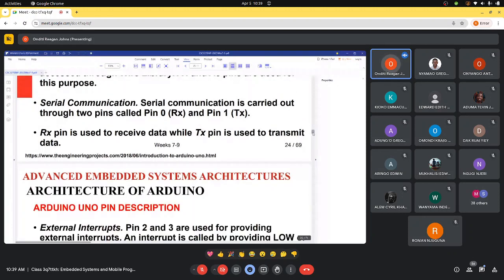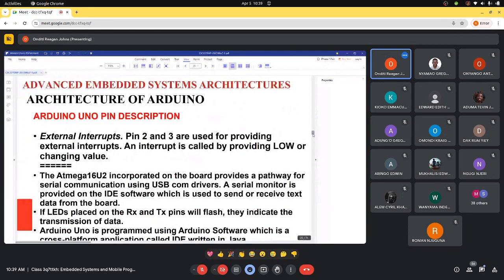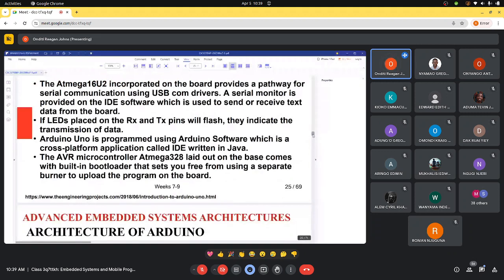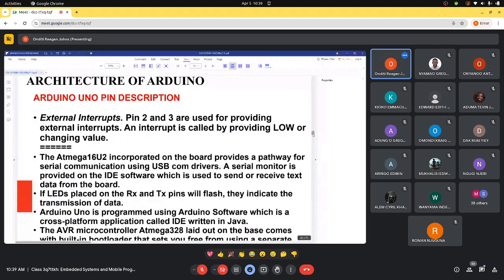I would want to pause there. Actually, I would want to stop there and field questions from you, because technically, we should do some kind of hands-on.